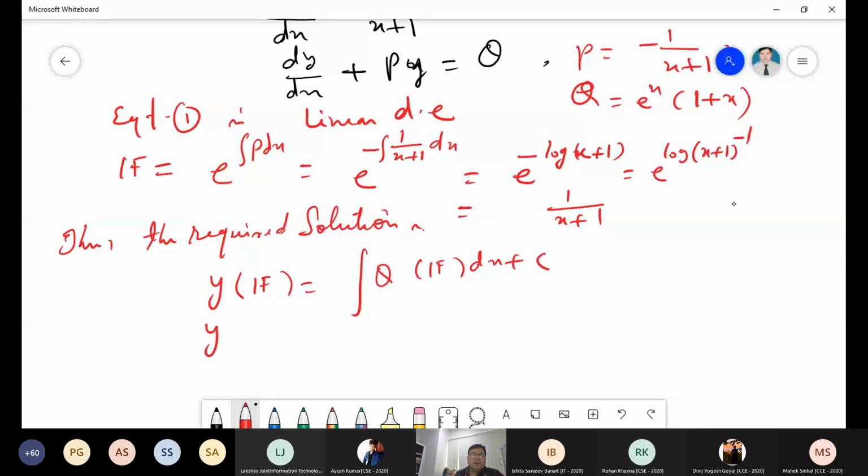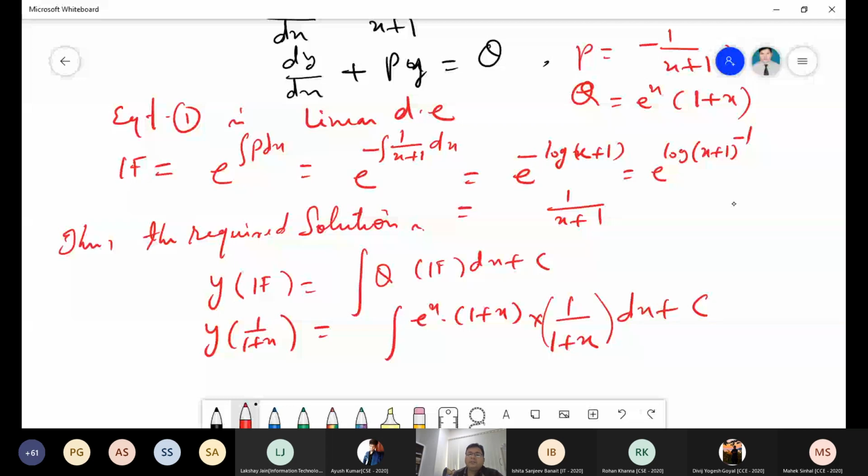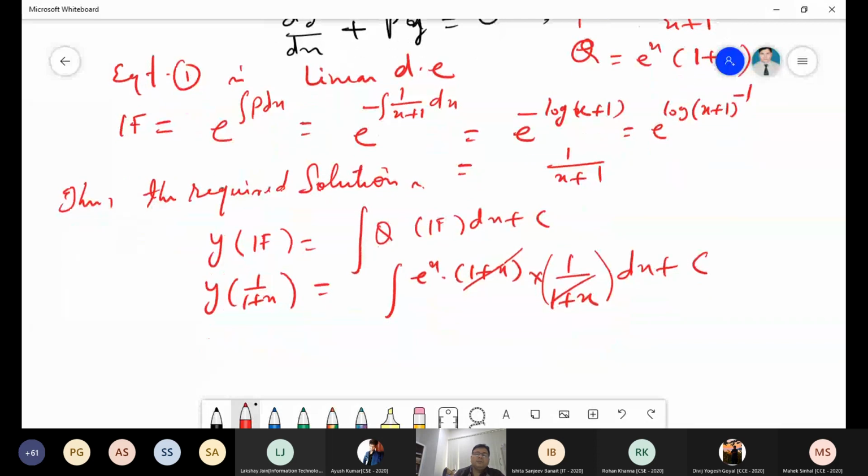So I'm using here y into 1/(1+x) equals the integration of Q, which is e^x into (1+x), times the integrating factor 1/(1+x), dx plus c. Now see, this integrating factor plays a role, and so we can find the integration.